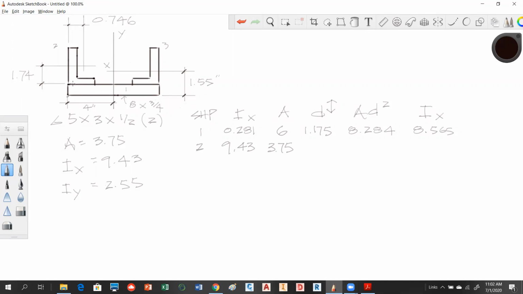So 3/4 of an inch plus 1.74 minus 1.55. That'll get us the D value. And that turns out to be 0.94. So that distance then squared times the area is going to give us 3.3144. So we're going to add that to that. Gets us a total then of 12.744.